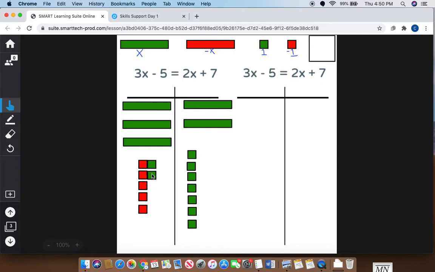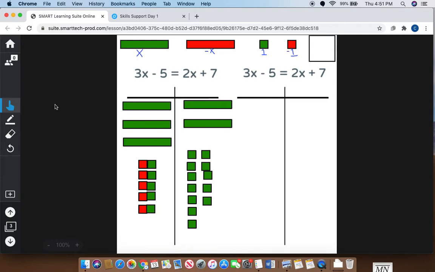So I'm going to add 5. 1, 2, 3, click drag, 4, click drag, 5. But what I do to one side of my balance scale, I have to do to the other side, otherwise it tips over. So I'm going to bring again 5. 1, positive 1, plus positive 1 is 2, plus positive 1 is 3, plus positive 1 is 4, plus positive 1 is 5. Remember, I am following the rules of equality.